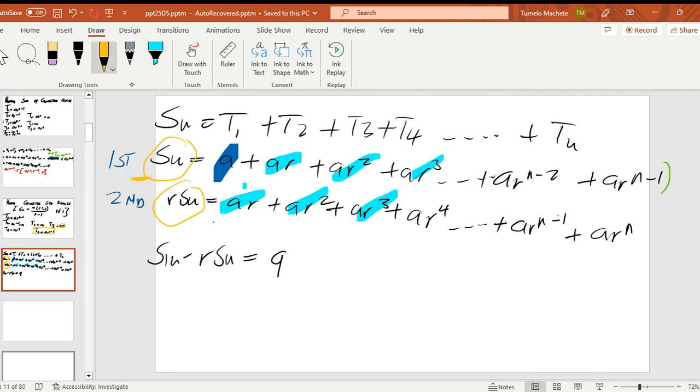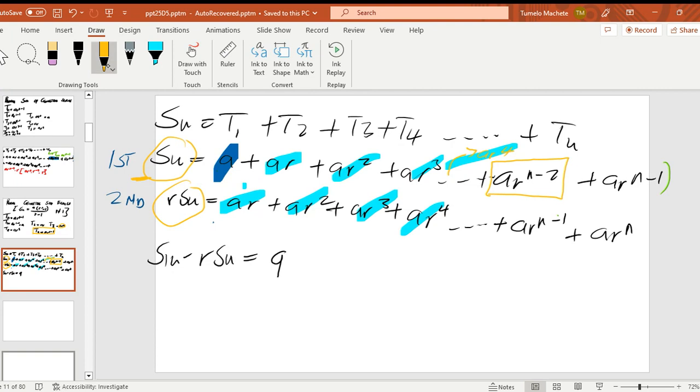Then Ar^(n-2) from the first equation will cancel with the one on the second equation.